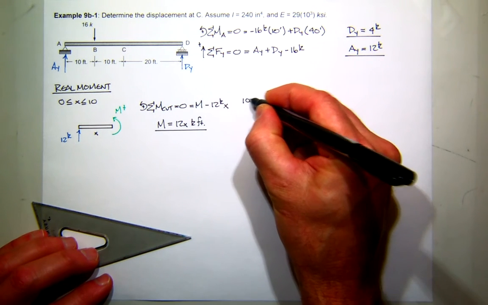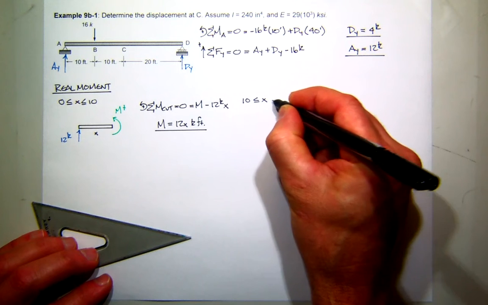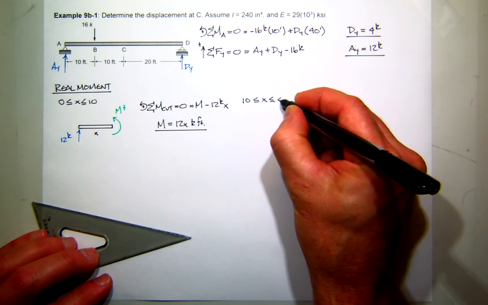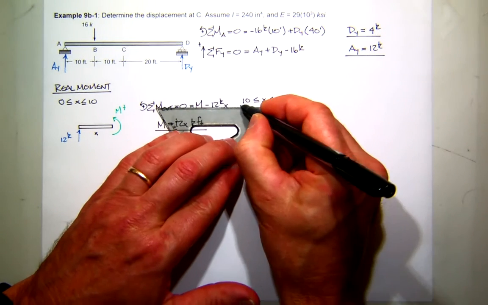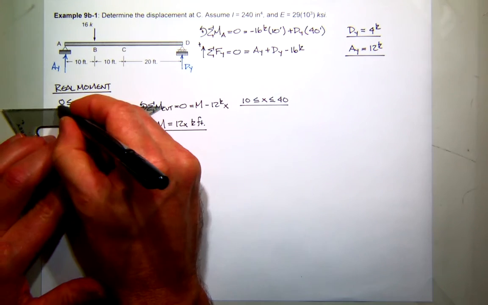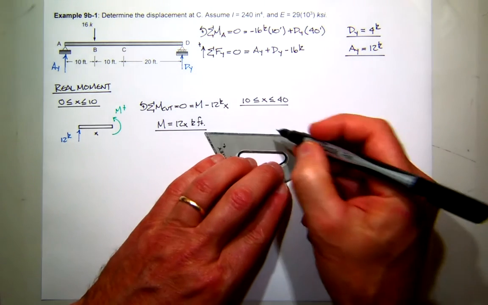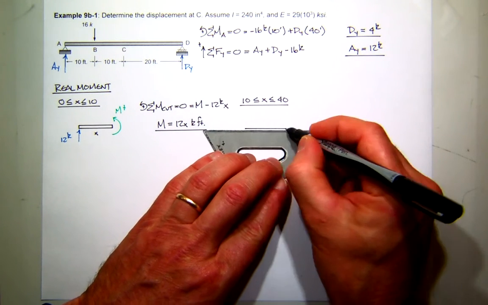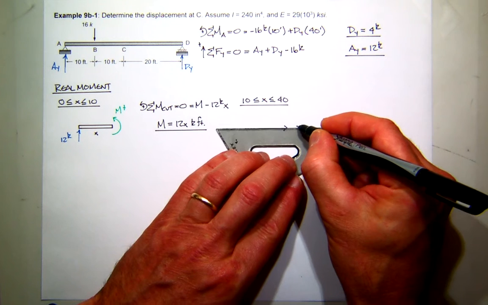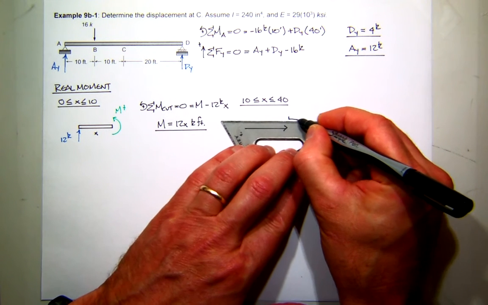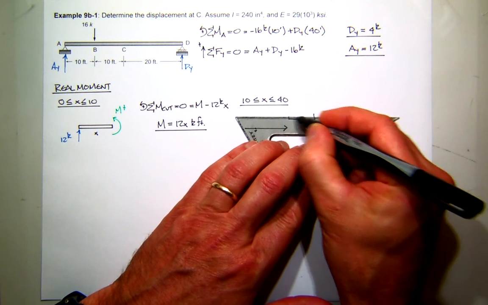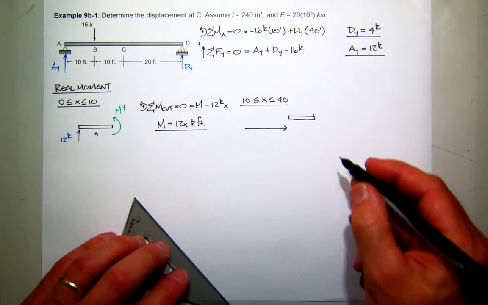So this will be an equation that's good between x equal 10 to 40. Let me underline those so you can see that. At some distance x, I will have my free body.